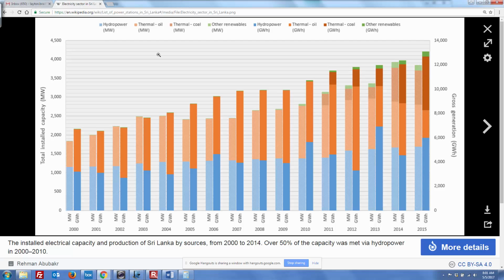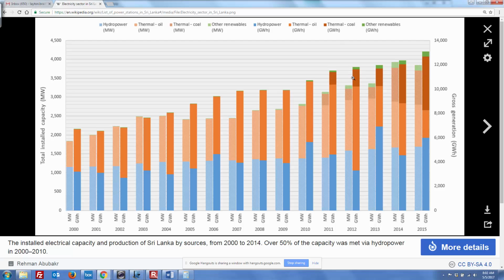I'm also fascinated by this graph, because we can see all of the blue is hydro. The light brown is oil. So all of this is oil, which actually I find kind of surprising, but okay. And then this is coal.